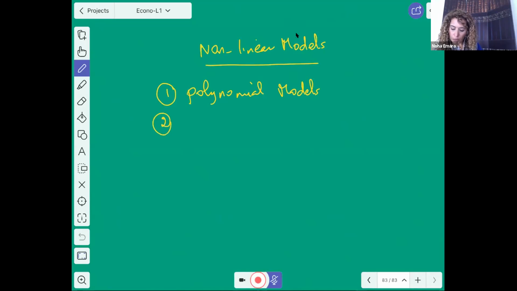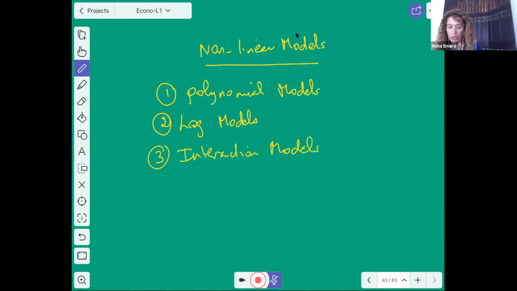We have log models or logarithmic models. And we have interaction type model. And we have a combination of the 3. After we're done, we're going to make our life complicated, and we're going to blend these models together and see if we can get different specifications.